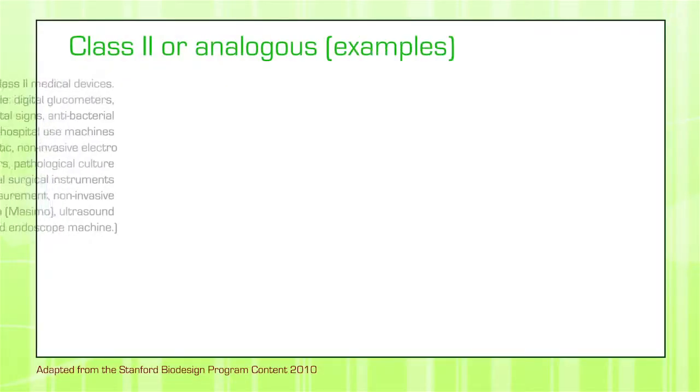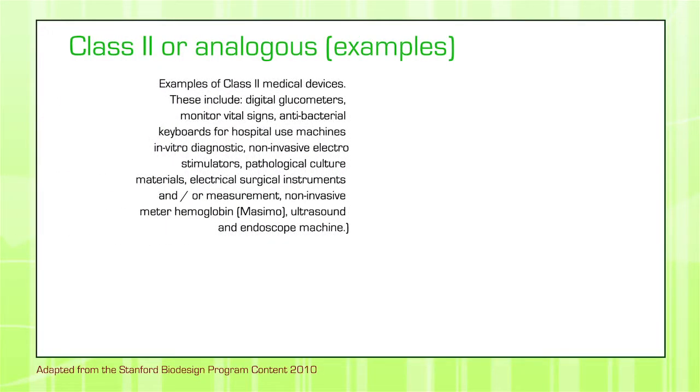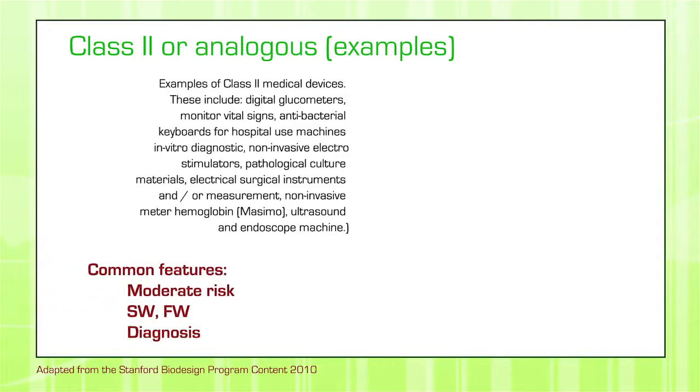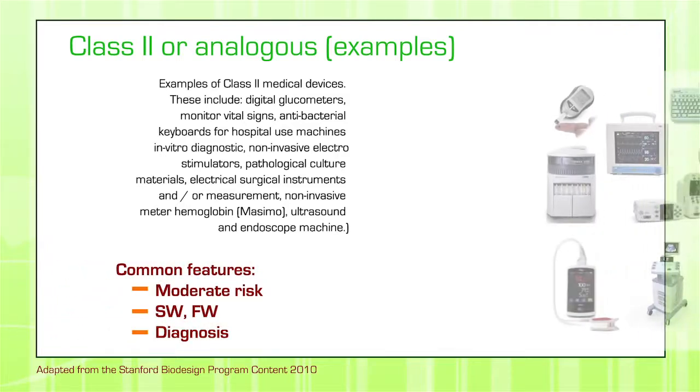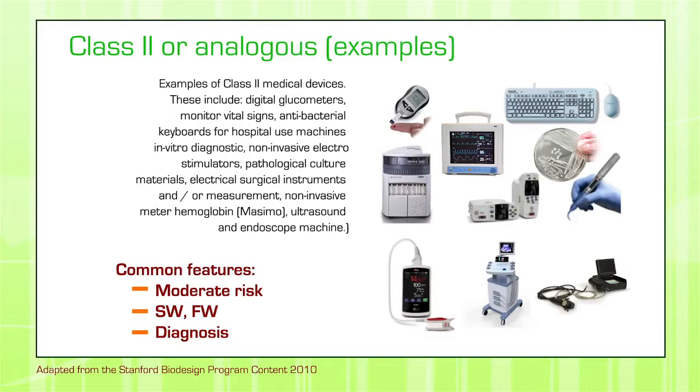In the case of class 2 or other analog classification examples, as you're going to see, there are many devices that are classified in this cluster. I mentioned class 2 or analogous because in the case of Europe, there are two types of class 2 devices, class 2A and class 2B.